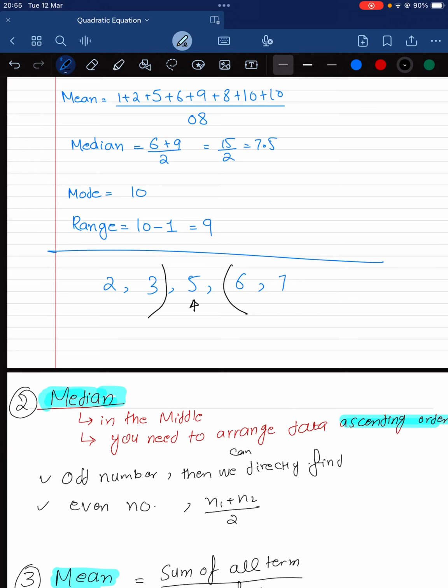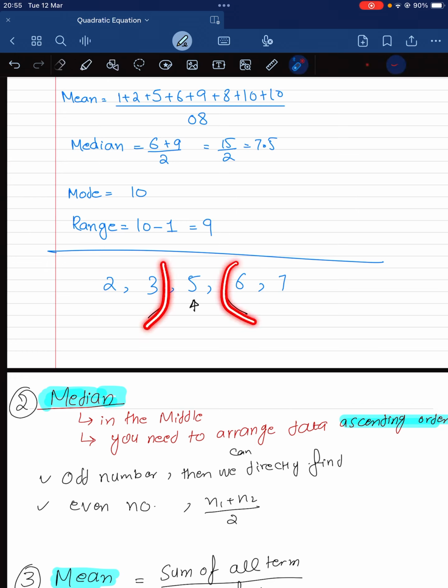We take half the terms on each side. If we have a single term between them, that is the median. If we have two terms in between, we add them and divide by 2. This will give us the median.